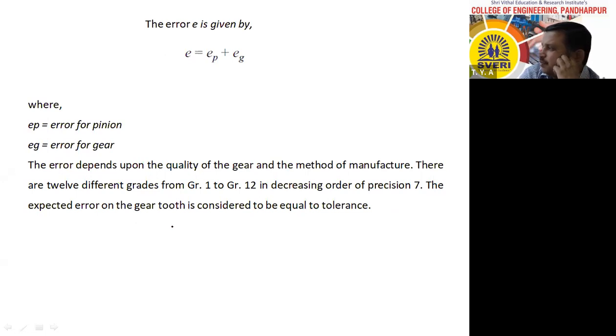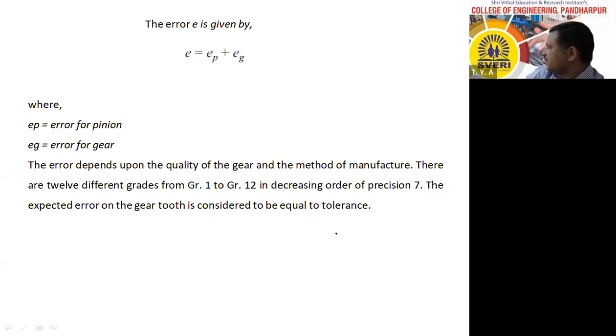There are 12 different grades from grade 1 to grade 12 in decreasing order of precision. The expected error on the gear tooth is considered to be equal to the tolerance. That tolerance is in microns.